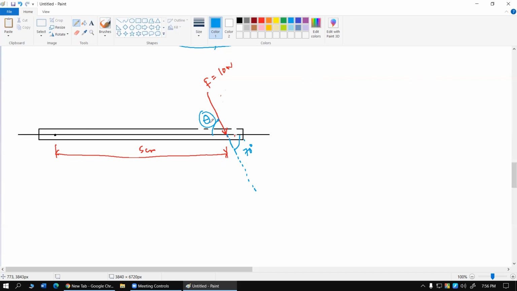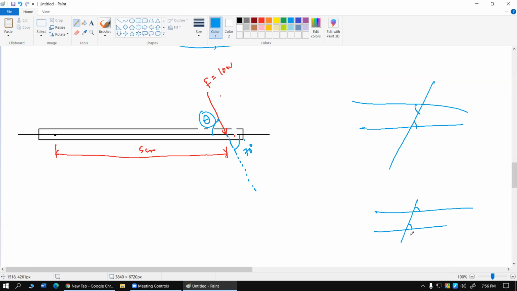Sir, 70, alternate angle. Not alternate. Vertically opposite. Vertically opposite, or you could say only opposite angle. Alternate angle is for parallel lines. These two are alternate angles. Understood? Yes, sir. Okay, these two are alternate angles and these two are corresponding angles. Am I correct?